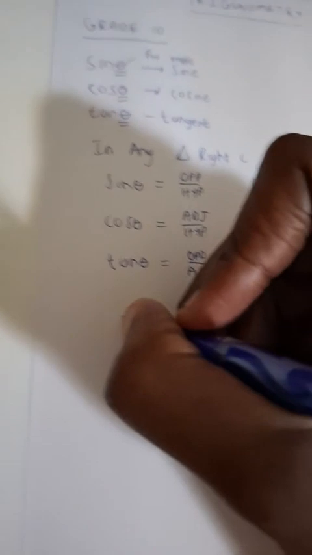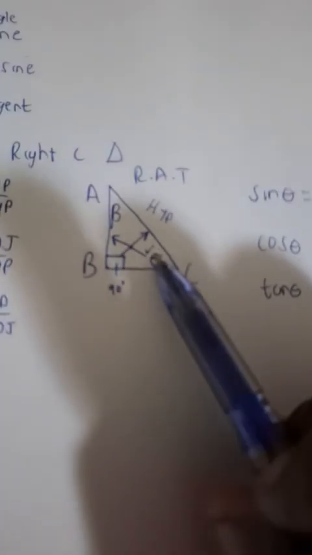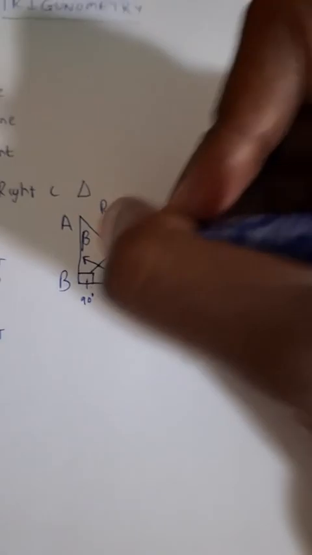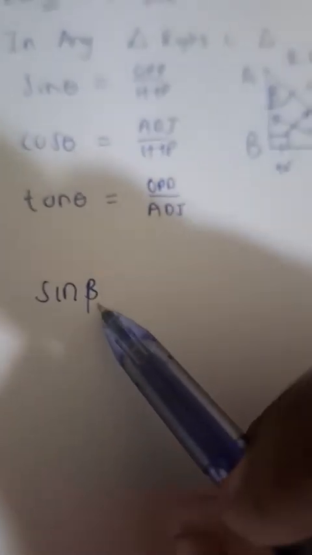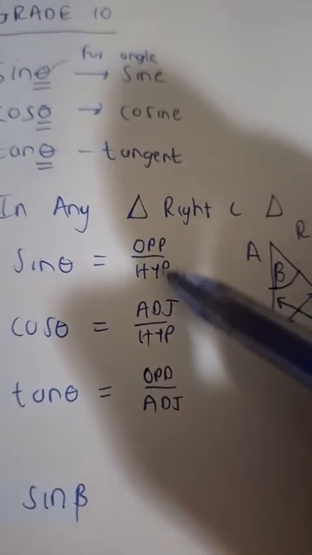So if I was to take a turn a bit here and use the same right angle triangle, and this time round look at the angle beta instead of looking at the angle theta. So if I was to ask what is sine beta, once again, the definition of sine is opposite over hypotenuse.